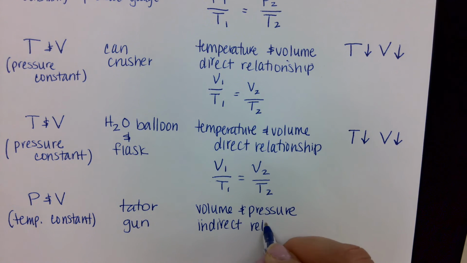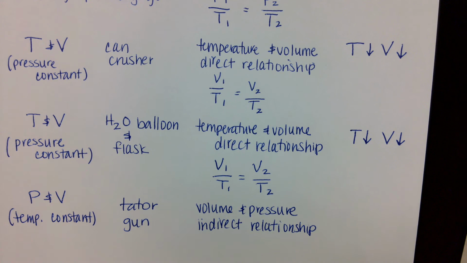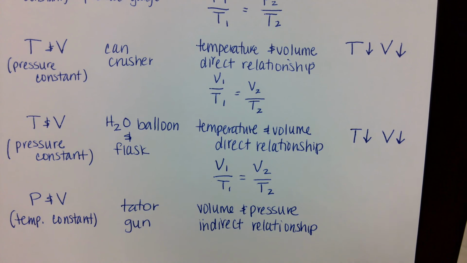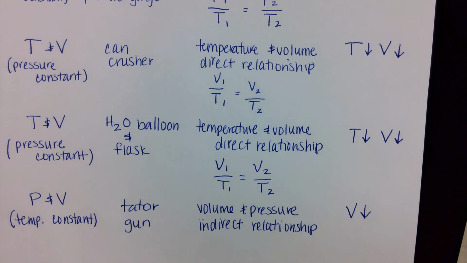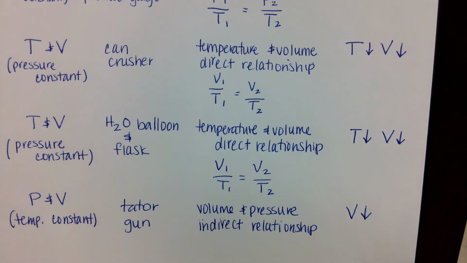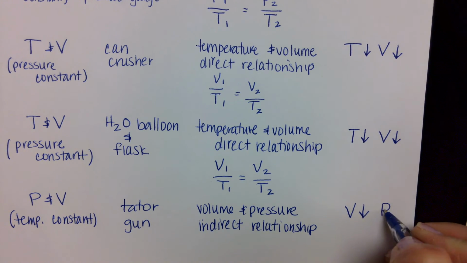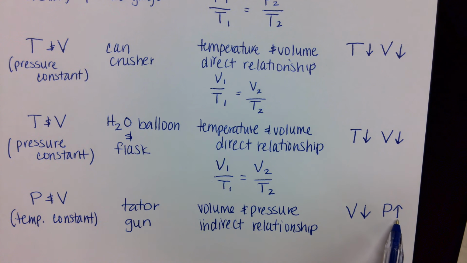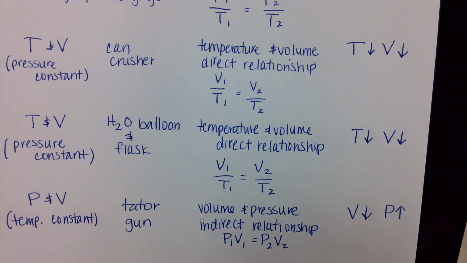We found this out from the very first investigation that we did on the syringe and the pressure graphical analysis. Inside the tater gun, the volume decreased as we pressed the tater gun. When we decrease the volume, our pressure increases, and that little piece of potato then shoots outward. So the math involved is P1V1 is equal to P2V2.